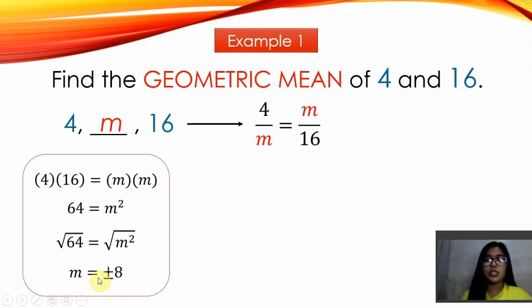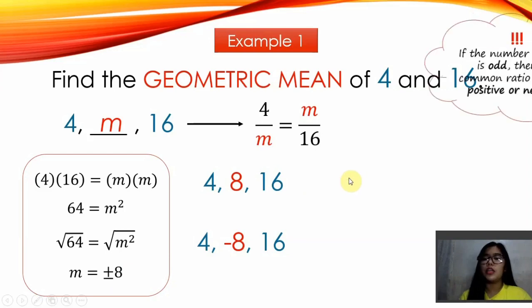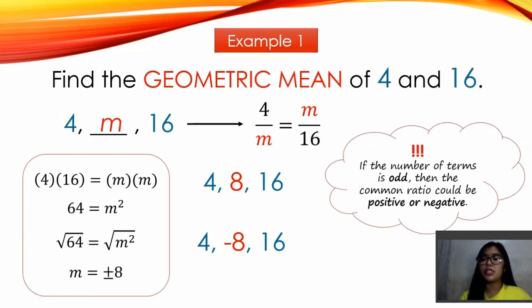So, using this plus minus 8 here, we will form two possible sequences, which is 4, 8, and 16, or 4, negative 8, and 16. Okay? Remember that if the number of terms is odd, then the common ratio could be positive or negative. So, in this sequence, 4, 8, 16, the common ratio here is positive 2.